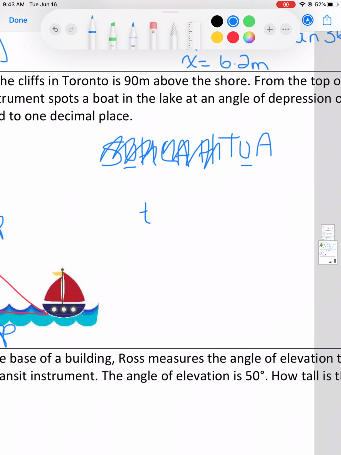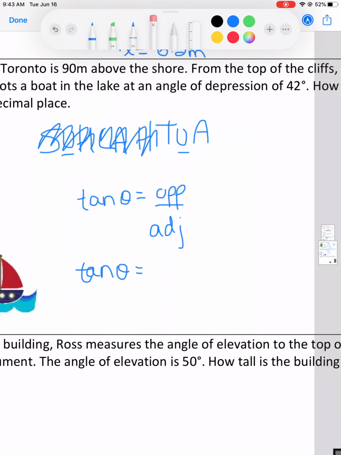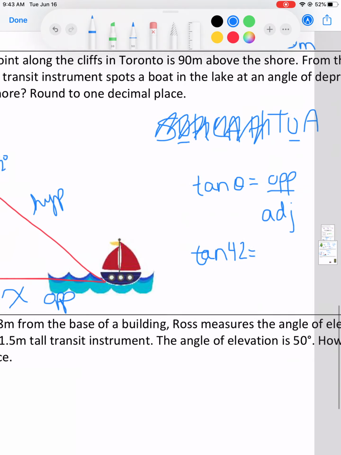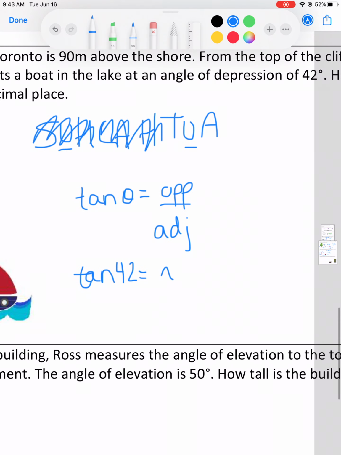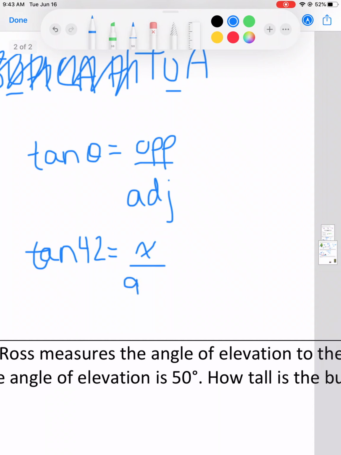So tan theta is equal to opposite over adjacent. Tan 42 degrees. What's my opposite? It's x. My adjacent is 91.5.